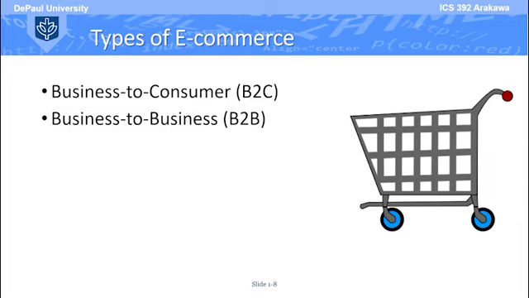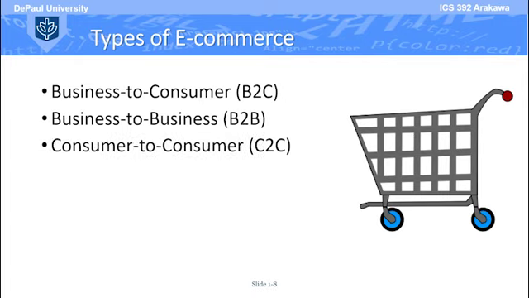Business to business is really similar in a lot of ways to B2C e-commerce. Obviously the volume is going to be different, the payment structure is going to be different, and we'll mention briefly some things about B2B e-commerce. Consumer to consumer would involve things like some parts of eBay.